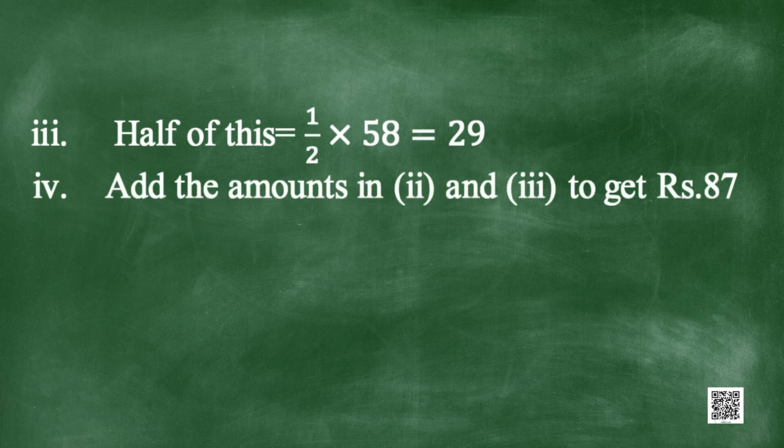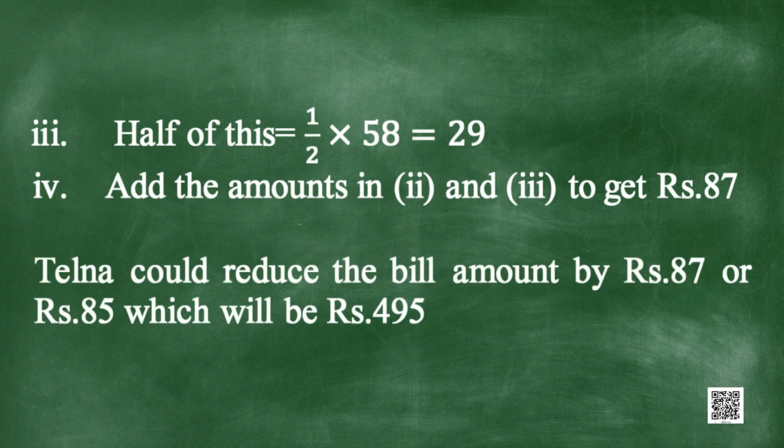Now, we add these two amounts. So, the 10% was rupees 58 and 5 more percent was rupees 29. So, that is equal to rupees 87. Therefore, Telna could reduce the bill amount by rupees 87 or rupees 85, which will be rupees 495.